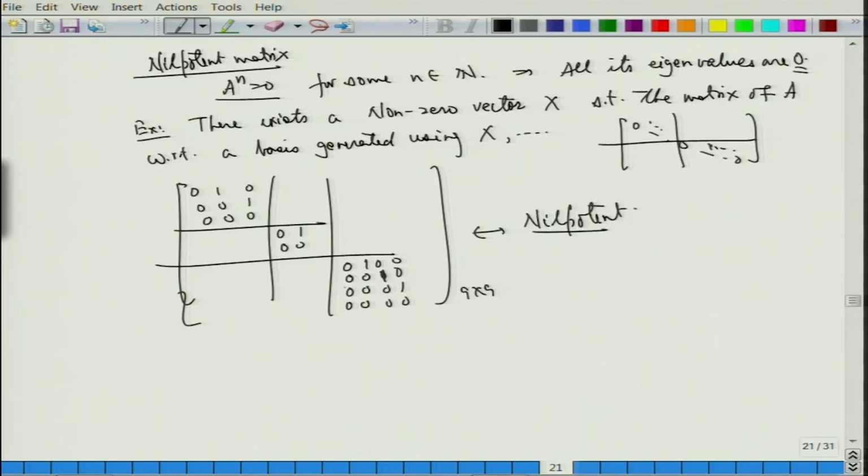And not only that, you can see that if I write this as A, then A to the power 4 is 0. All right. So there is a notion of what is called the degree of nilpotency or index of nilpotency, and accordingly you can build up. Fine. I will not get into that part because that is going out of the syllabus. That is what is called a Jordan decomposition.